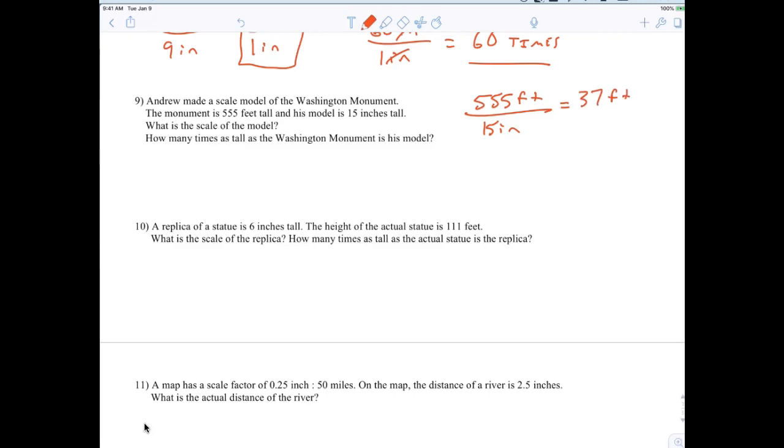So we have 37 feet is to 1 inch. And so now tell me what 37 times 12 is. 444 times greater. So everybody agree with that? Because we just did 37 times 12. Easy. All right, let's go on.